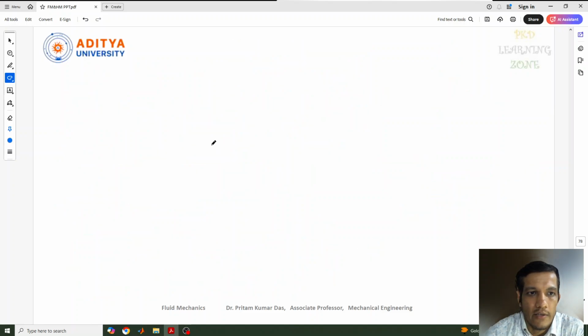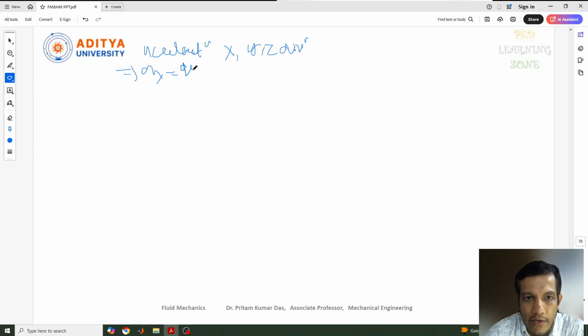Now the next step: acceleration in the x, y and z directions. ax equal to du by dt, that equals u del u by del x plus v del u by del y plus w del u by del z.